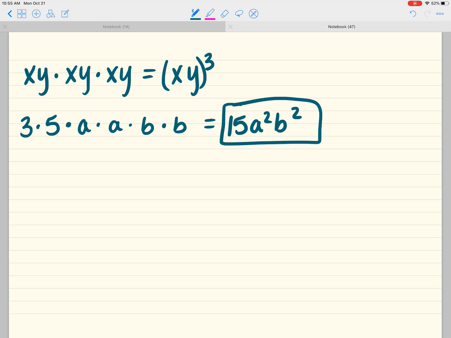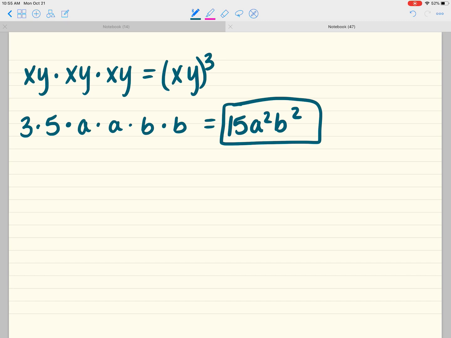It's just asking you to simplify it using exponents. So any numbers that you can multiply together, you will. Only because, notice 3 and 5 are not the same. If it was 3 times 3, you would write 3 squared, A squared, B squared, right?